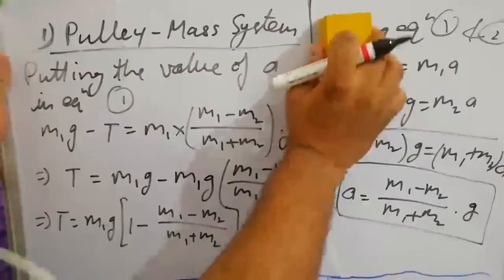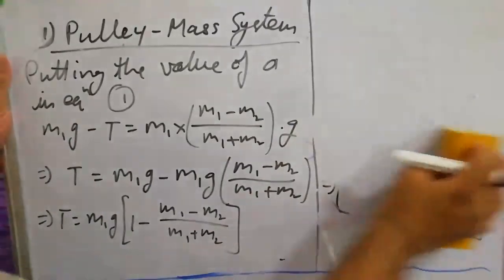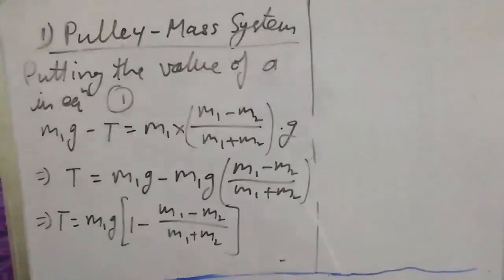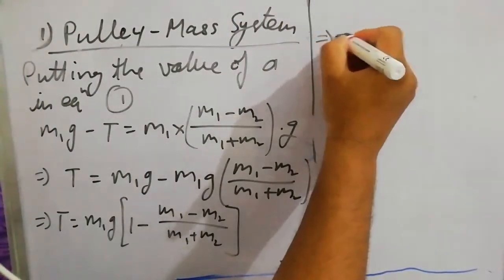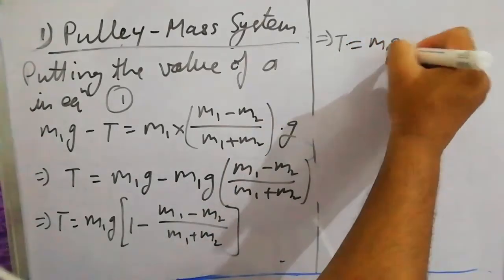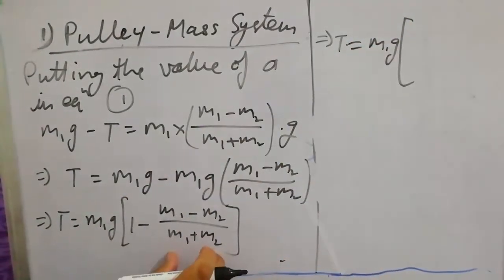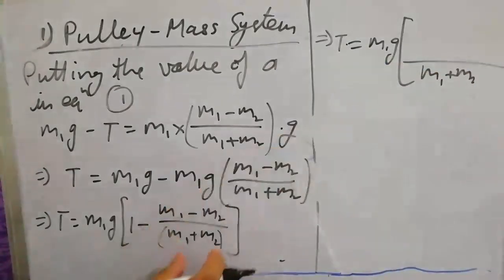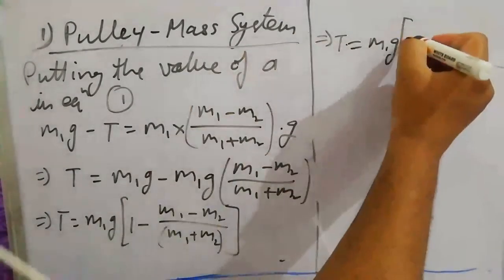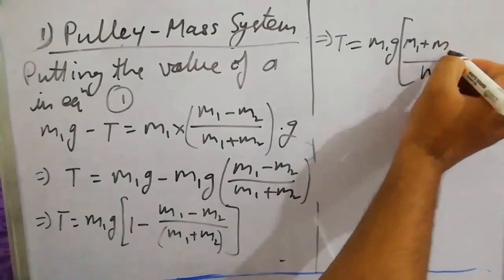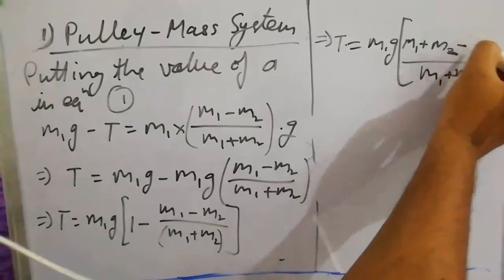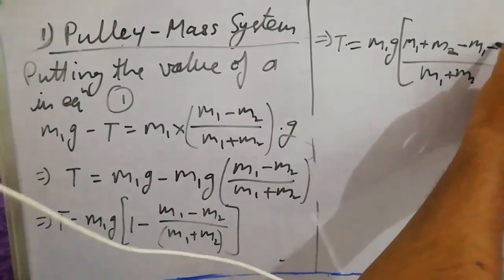Now T will be equal to m1g common, and if we take the LCM, m1 plus m2 will be the LCM. So we will write m1 plus m2 multiplied by 1, and when the minus sign is multiplied with this, we will get minus m1 and plus m2.